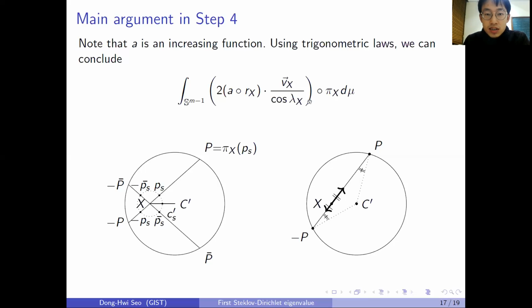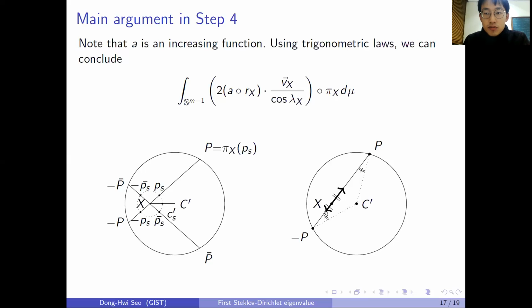So if we consider the integrand at small p sub s and minus small p sub s, then the magnitude of the integrand at small p sub s is bigger than the magnitude of the integrand at minus small p sub s.